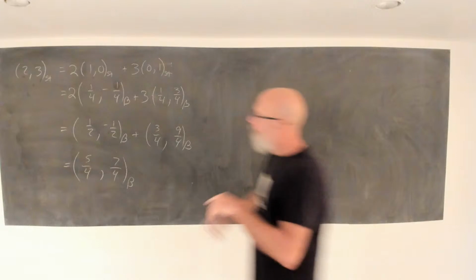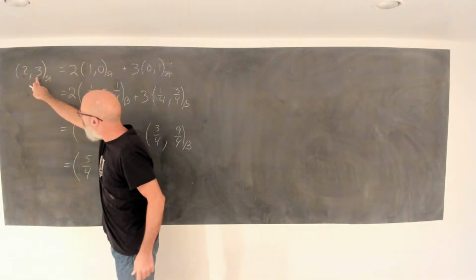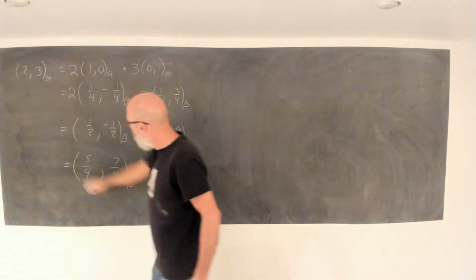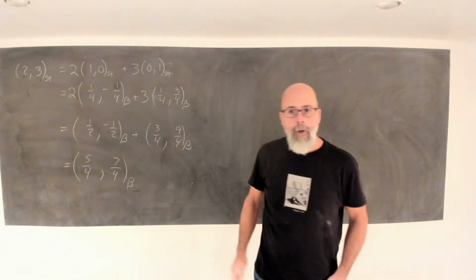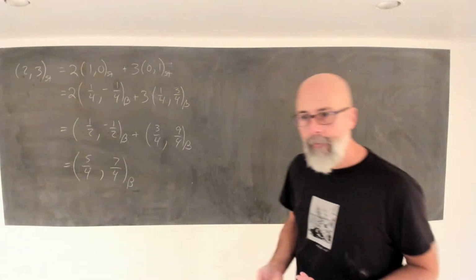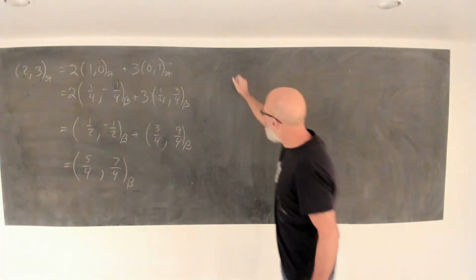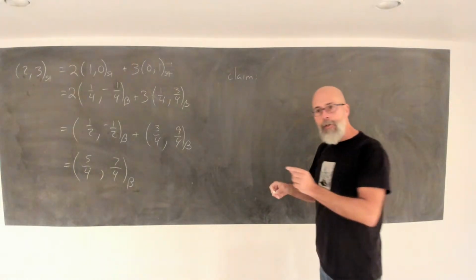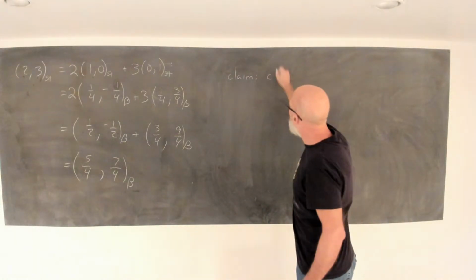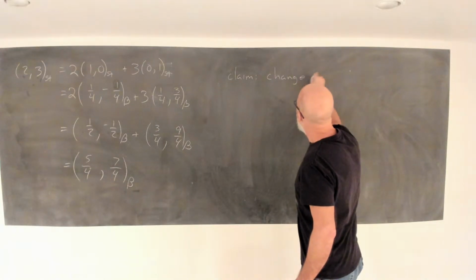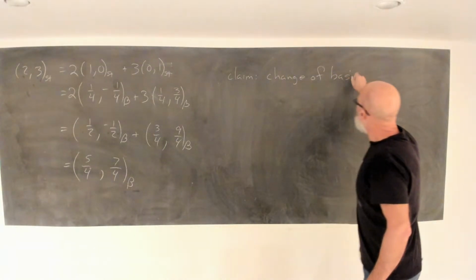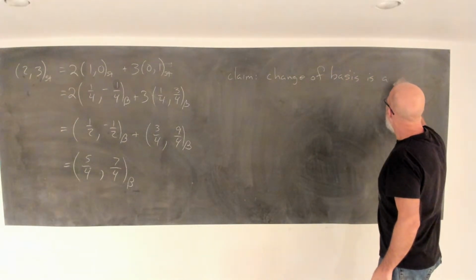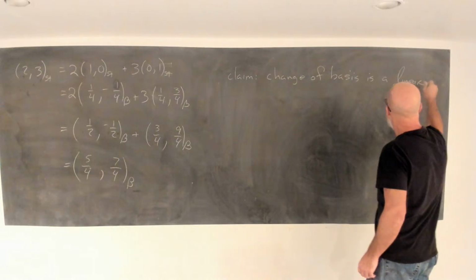So we're rewriting a vector just in a different form. We're changing the basis. Claim: a change of basis is a linear transformation.